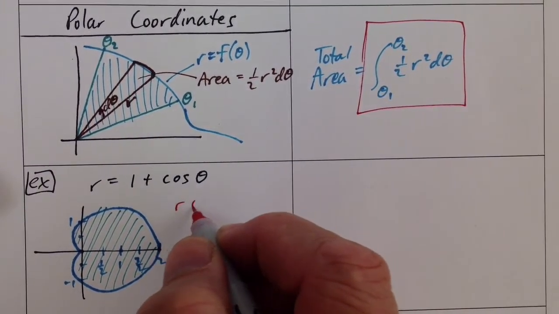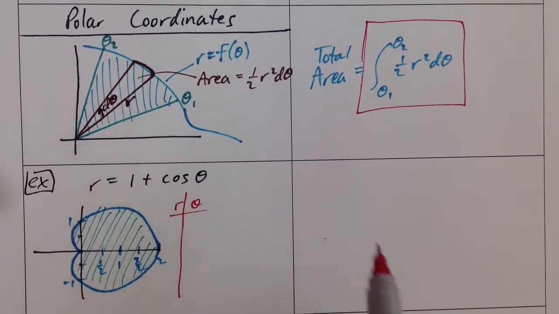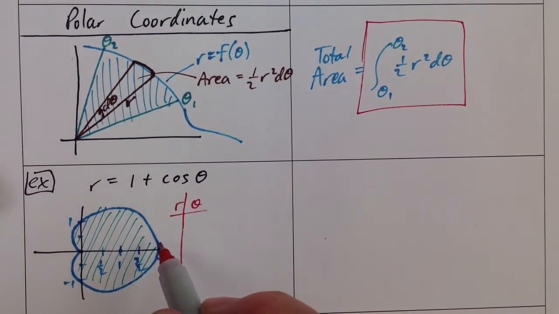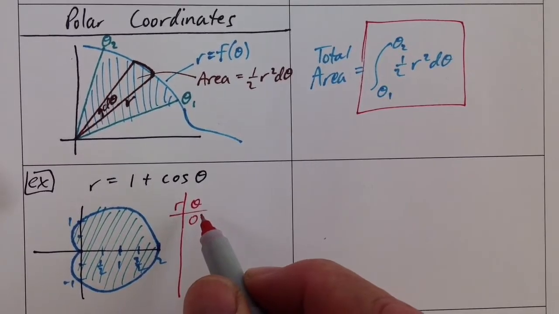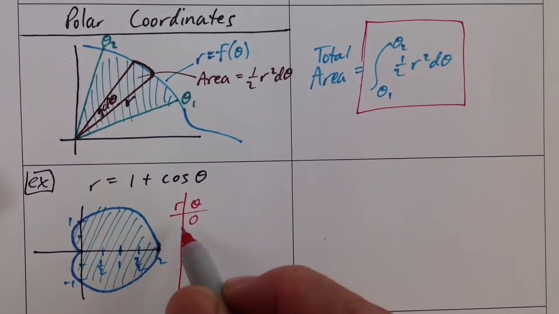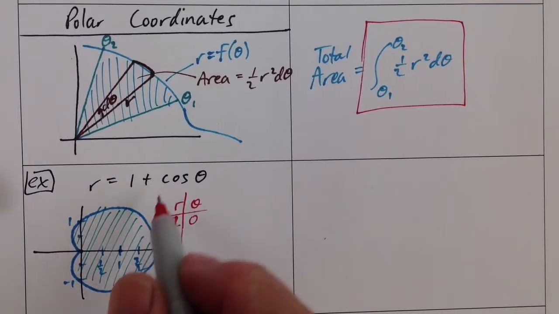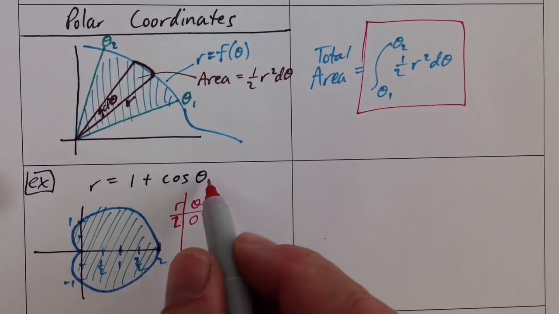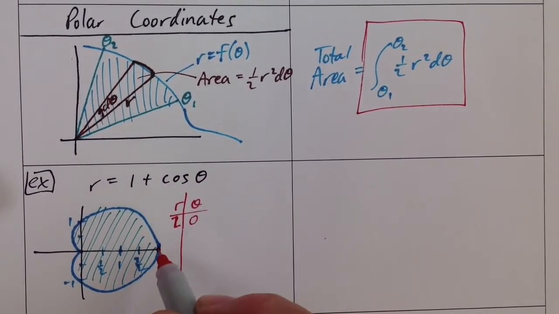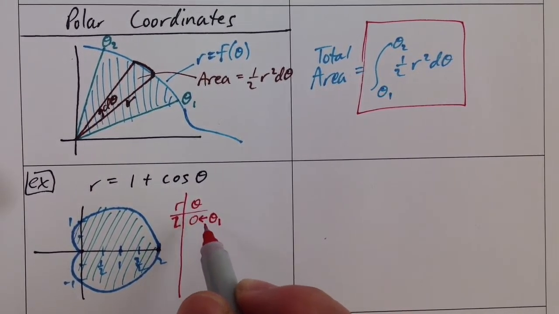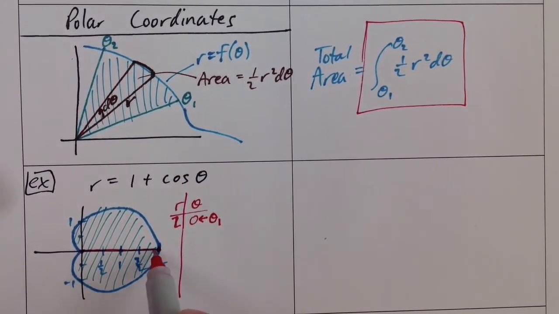If you remember, stuff I wanted you to have dialed in by now would be, where do we start here? If we start at theta equals 0, then we're right here, because r is equal to 2. So 1 plus cosine of 0 is 1, 1 plus 1 is 2, so we start here. So that's our theta 1 right there, and that's where our first sector would go.